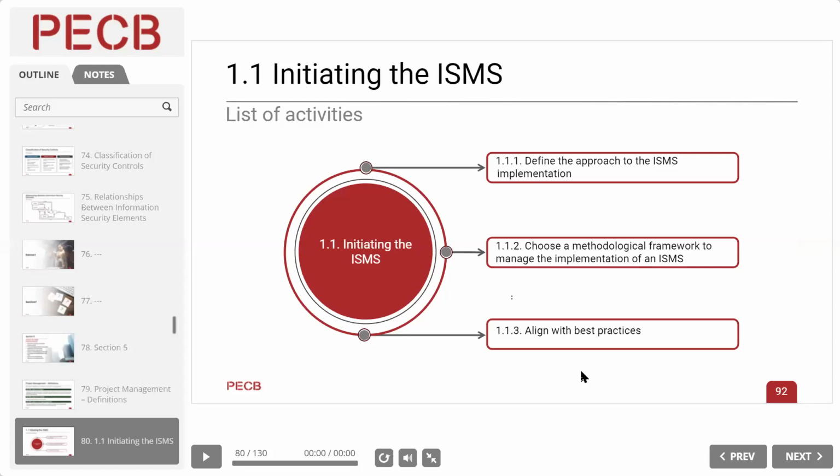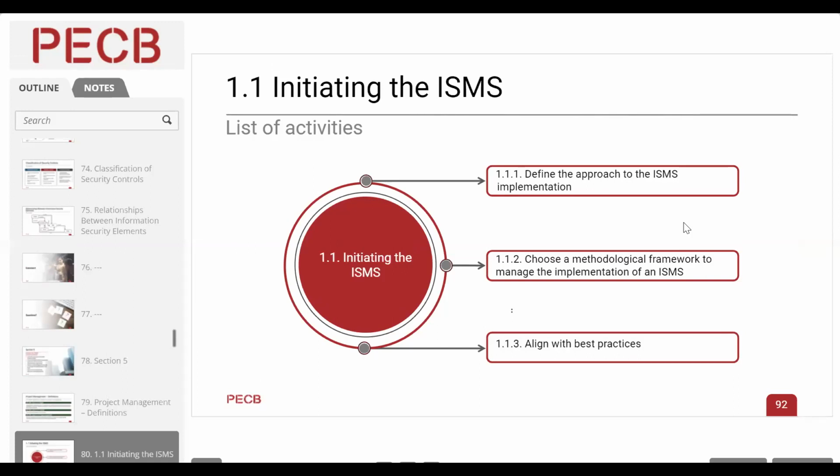We need to define the approach, choose a methodology, and then ensure that whatever you're doing is aligned with best practice. As much as possible, we are not reinventing the wheel.